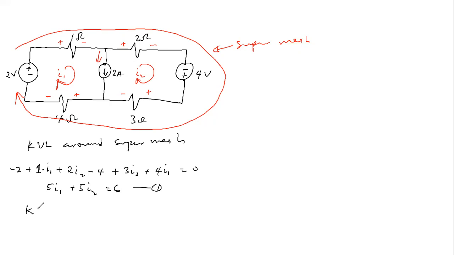Then we also write KCL at the 2 ampere source. Okay, this 2 ampere source. Now, we know that the actual current direction in this case is that current flows into the negative terminal of the voltage source.